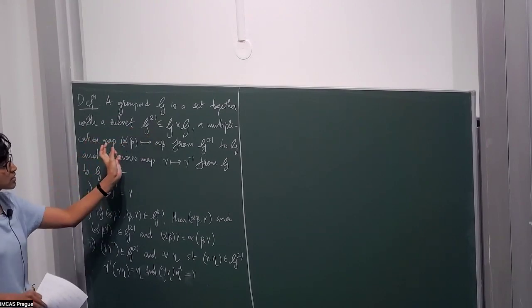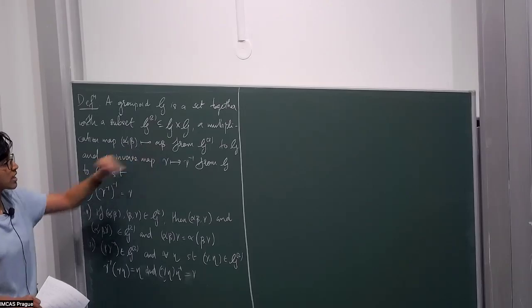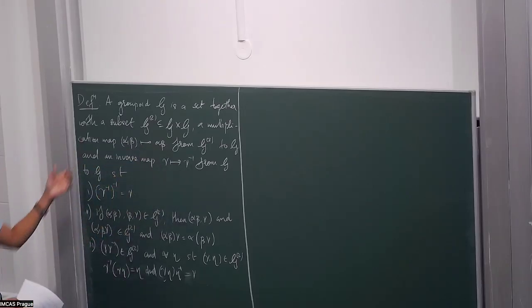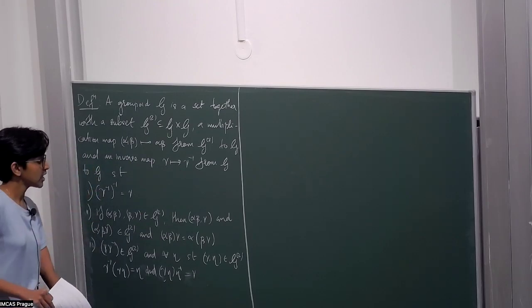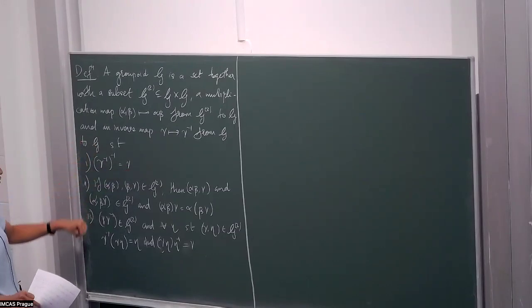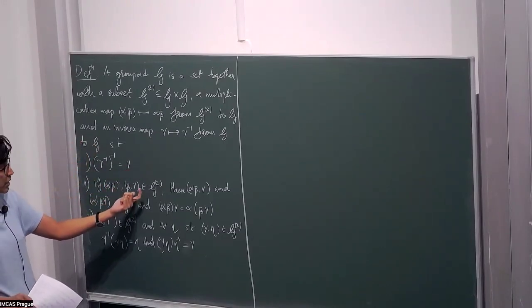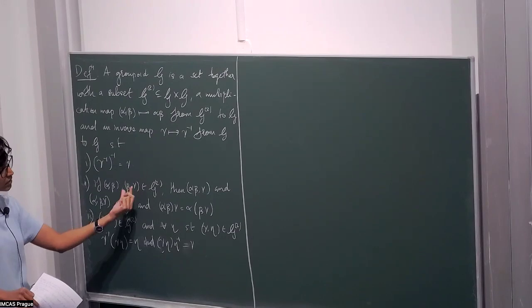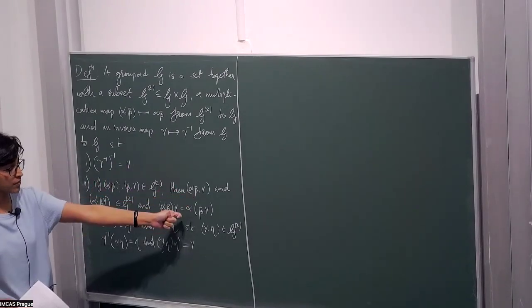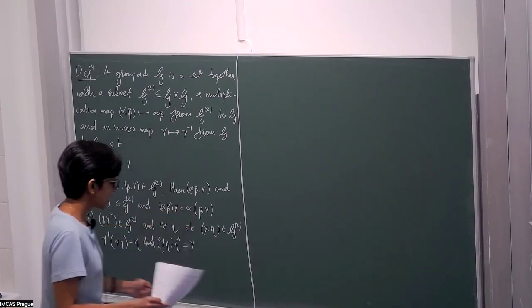And there are certain pairs that you can compose. Also there is an inverse map, just like in a group, and it satisfies these properties. This essentially says that the inverse of the inverse is just gamma itself. And then if we have two composable pairs, which means we can multiply two of these, then it is also possible to multiply the three, and it satisfies the associative law, as in the group case.